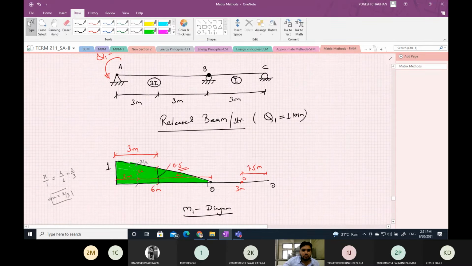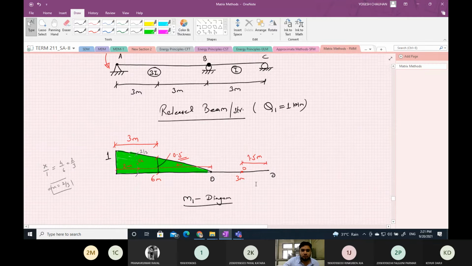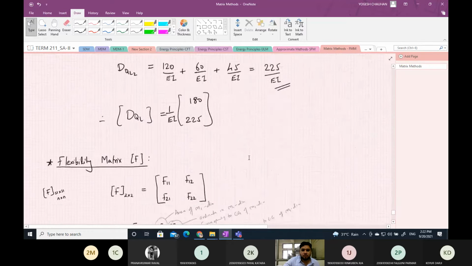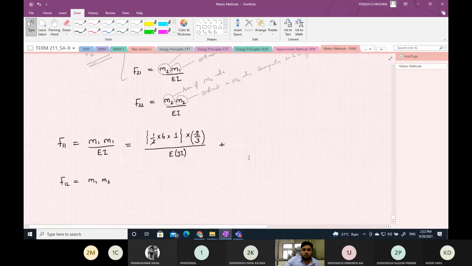This was for this portion. Now here there is no bending moment, so there is no diagram here. So it will be plus 0, plus 0, plus 0, so you will get it as 2 by 3 EI.